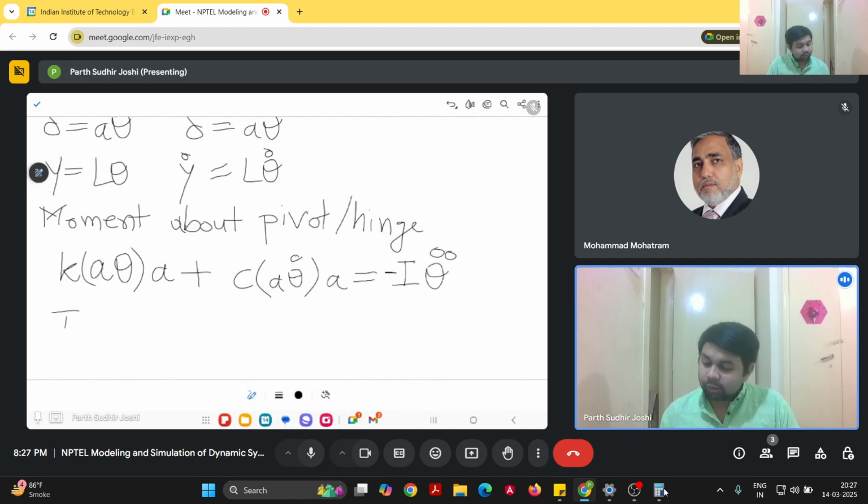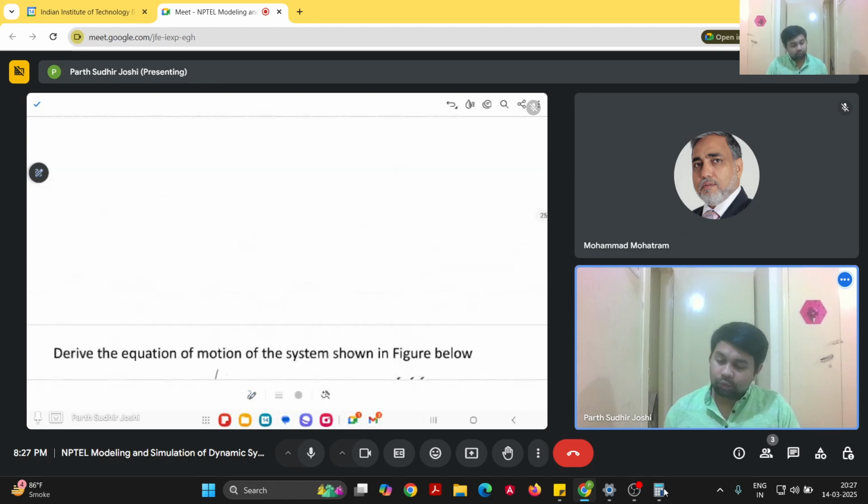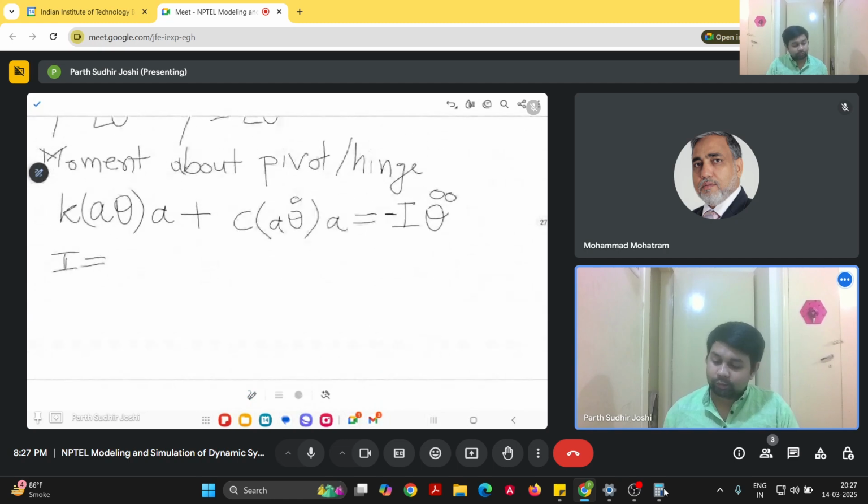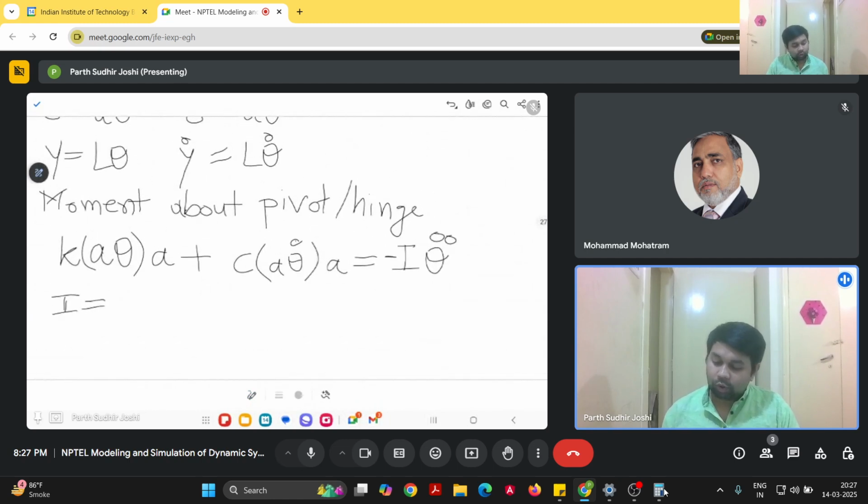So I is basically the moment of inertia about the hinge. Let us assume the rod is massless, so it is the moment of inertia of the rod plus the moment of inertia of that mass m. If the rod is massless, this term will be 0.